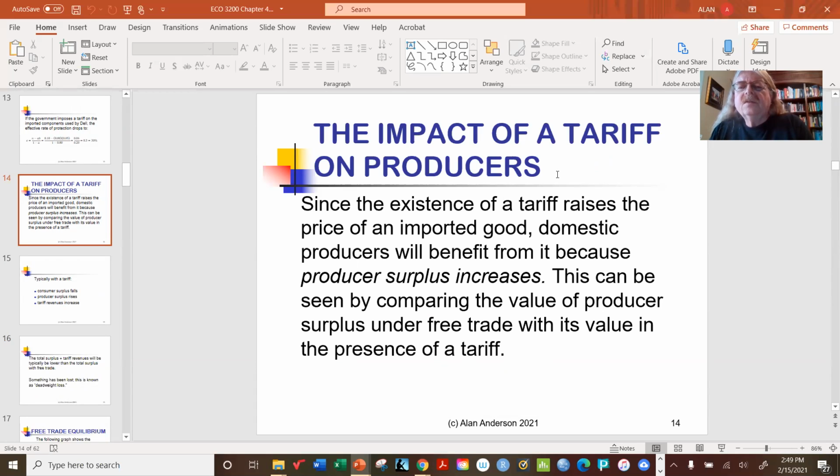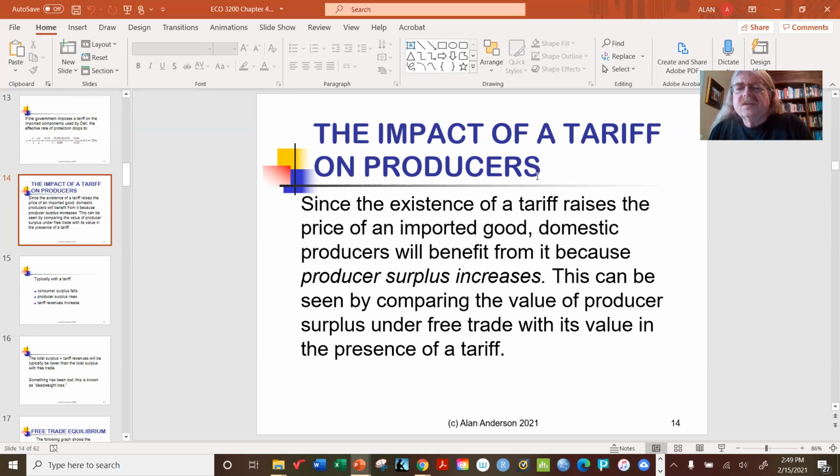And so what we'll notice, as they said in the video, is that what happens with a tariff is that the producers are happy. Domestic producers are very happy to see tariffs because this raises their producer surplus. There's less competition. The competitors are being forced to charge an artificially high price for their product. And so that makes it easier for domestic producers to sell to the domestic market.